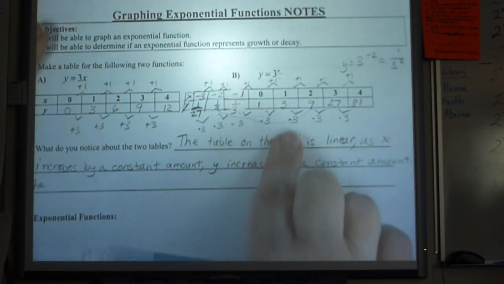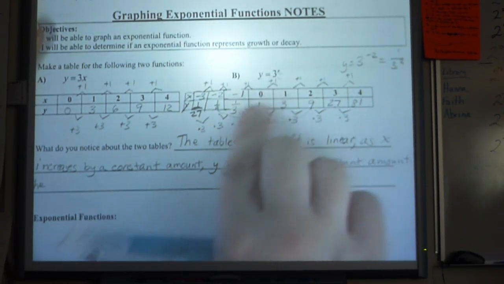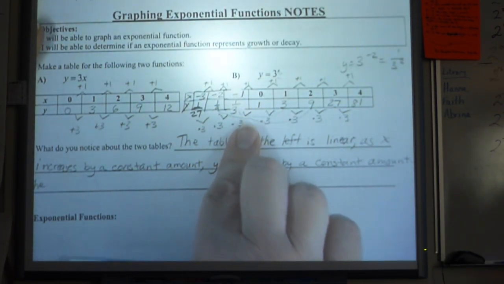Okay, the table on the right is exponential. As x increases by a constant amount, y increases by a constant factor.